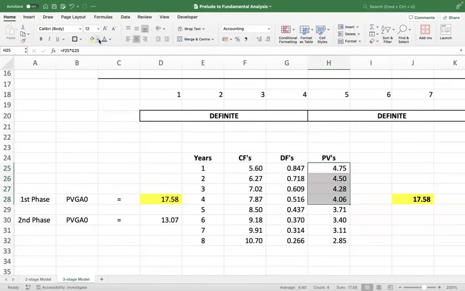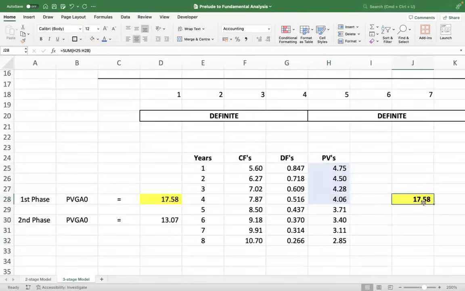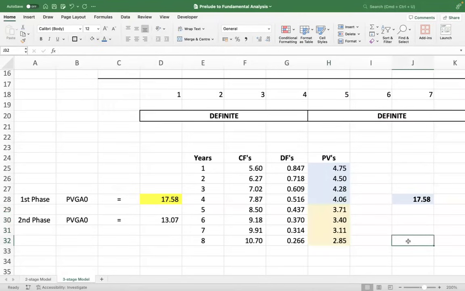The first phase valuation gave you 17.58. Now if I take a sum of these four, it is also going to give you 13.07, which is the same value that you are getting here.